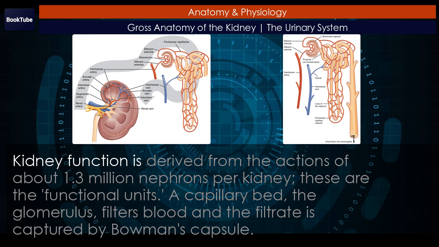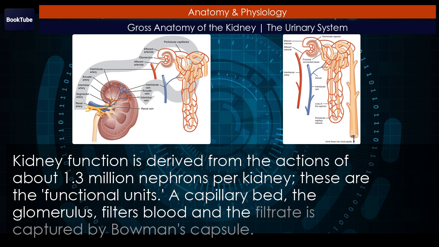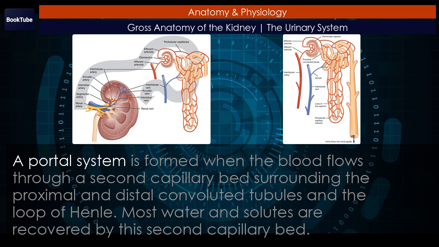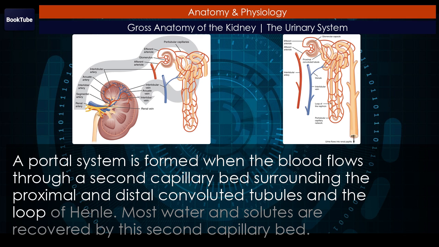Kidney function is derived from the actions of about 1.3 million nephrons per kidney. These are the functional units. In a capillary bed, the glomerulus filters blood and the filtrate is captured by Bowman's capsule. A portal system is formed when the blood flows through a second capillary bed surrounding the proximal and distal convoluted tubules and the loop of Henle.